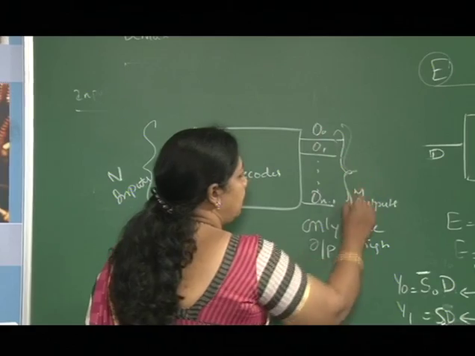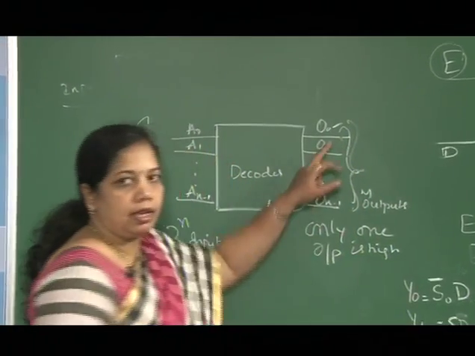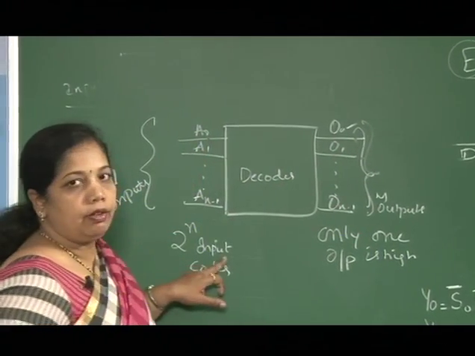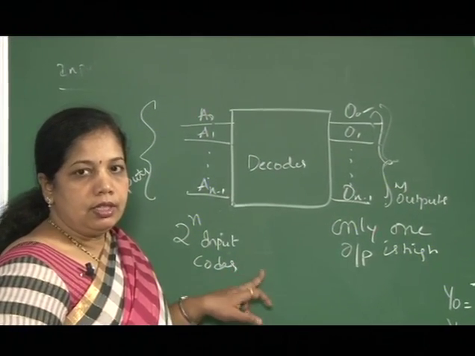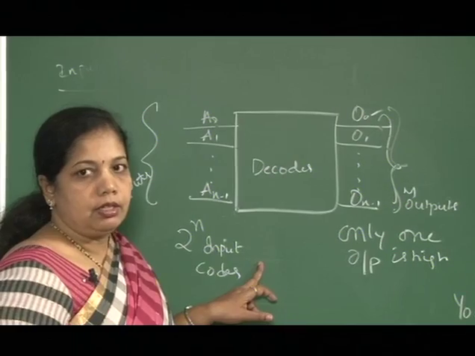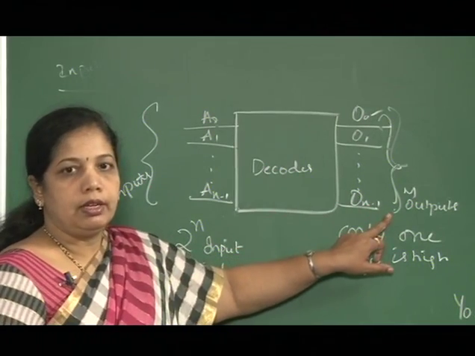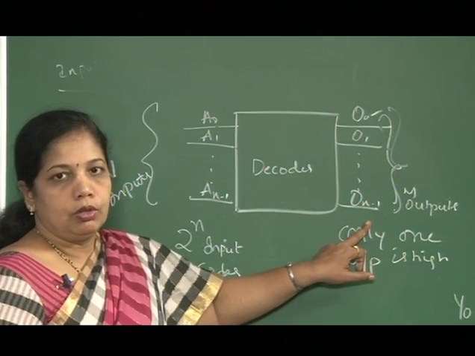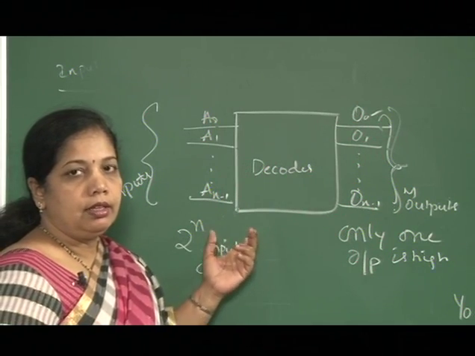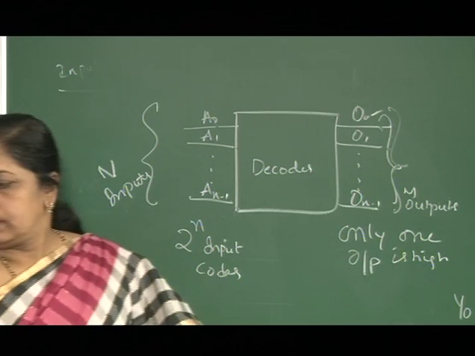Out of this many outputs, only one output is high based on what kind of input you are generating. So for these input combinations, only one of the outputs will be high and all other outputs will be low. So how exactly? Let us discuss the truth table of this.